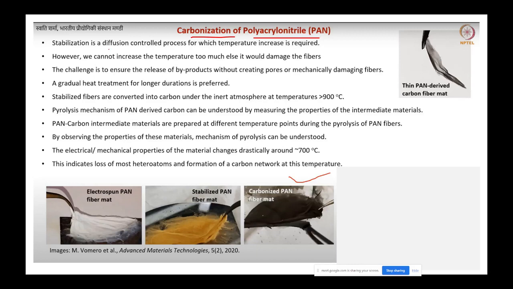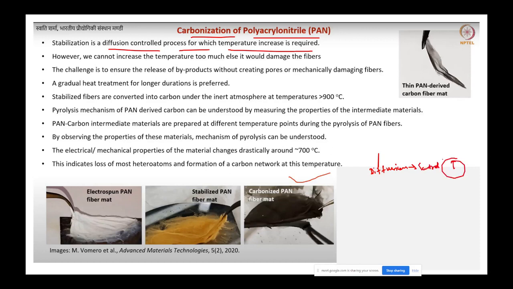The stabilization is a diffusion controlled process for which an increased temperature is required. So wherever this diffusion is happening, you have to control the temperature.